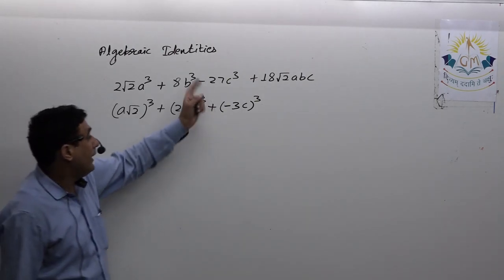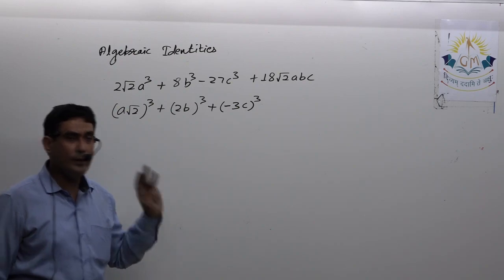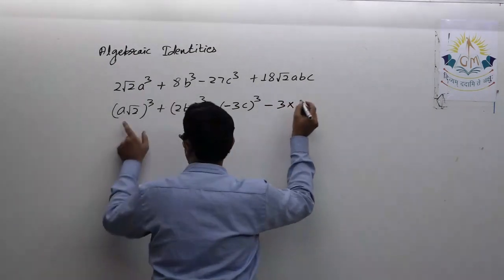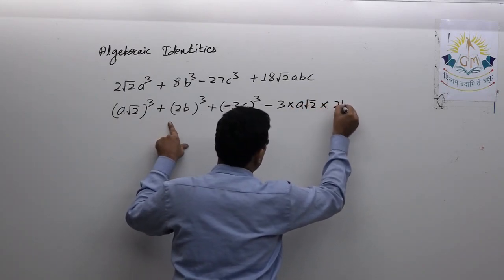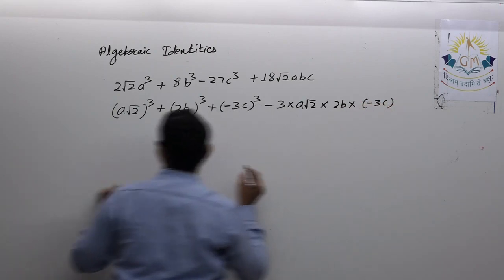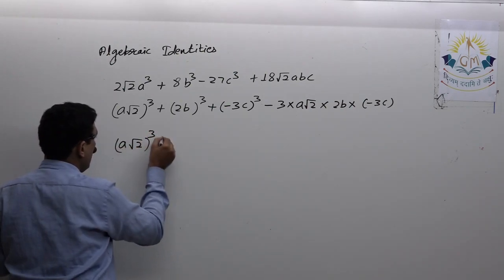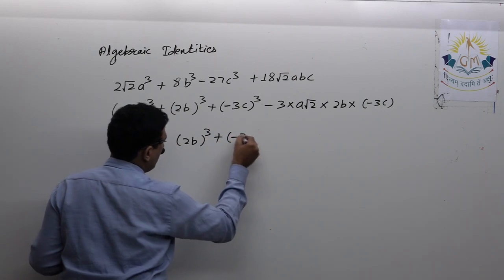Now, according to the identity, the next term should be minus 3 into a into b into c. So I am writing minus 3 into a, that is a root 2, into b, that is 2b, into c, that is minus 3c. So here I have a root 2 whole cube plus 2b whole cube minus 3c whole cube.